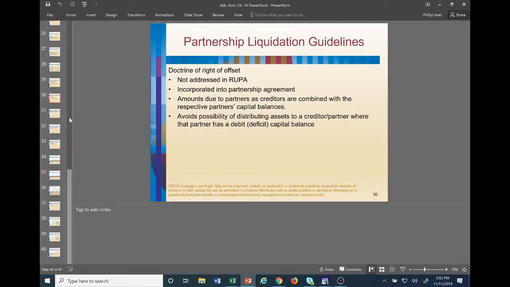The effect of this doctrine is that amounts due to partners as creditors are combined with the respective partners' capital balances. Without the right of offset, it would be possible to distribute assets to a partner in payment of their creditor balance, while at the same time the partner has a debit capital account balance.